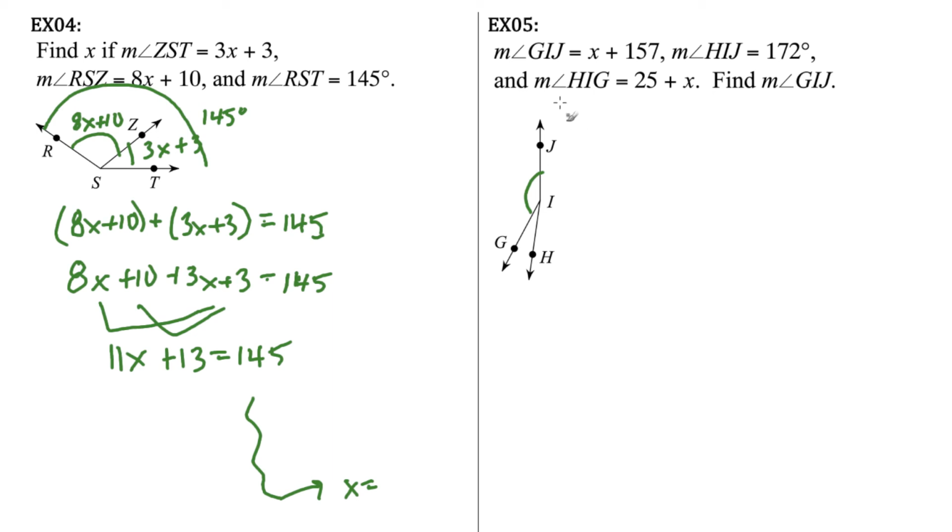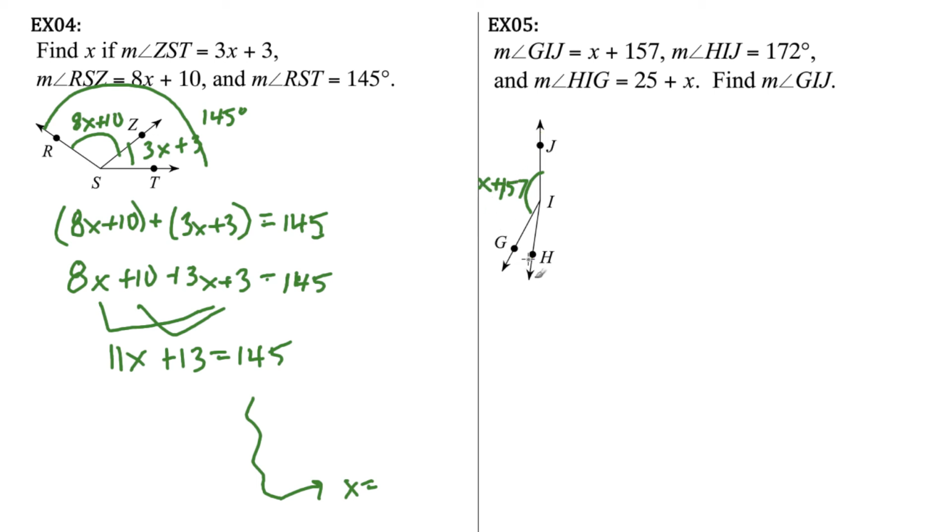GIJ. Well, it does tell you something about it: x plus 157. And HIJ, this little one, is 172. HIJ. Okay, I was wondering.